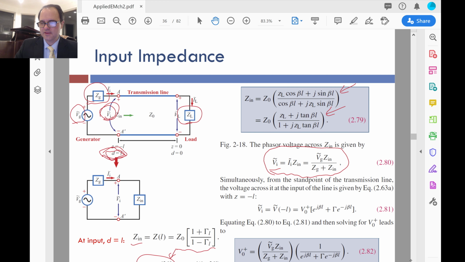Then you know how to do that from your simple circuits class. You take this equation right there. So that's one equation that we have for the V sub i phasor.